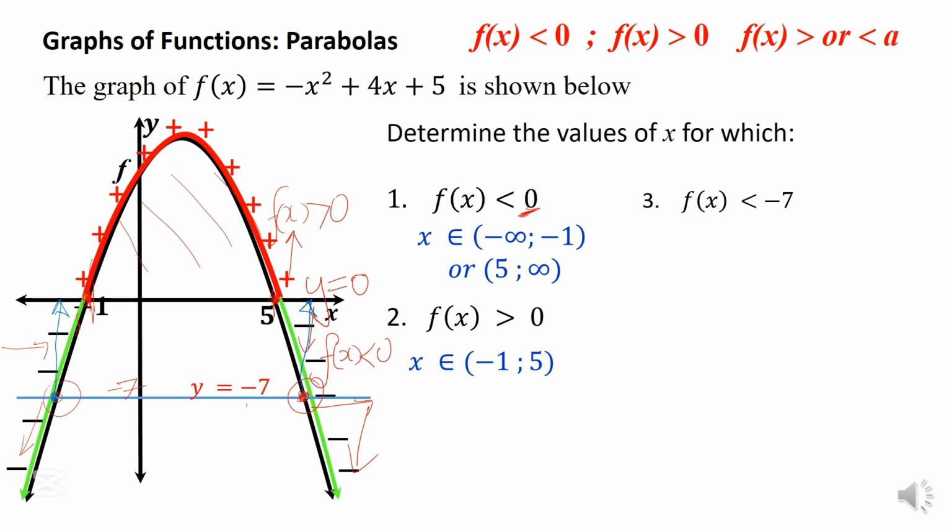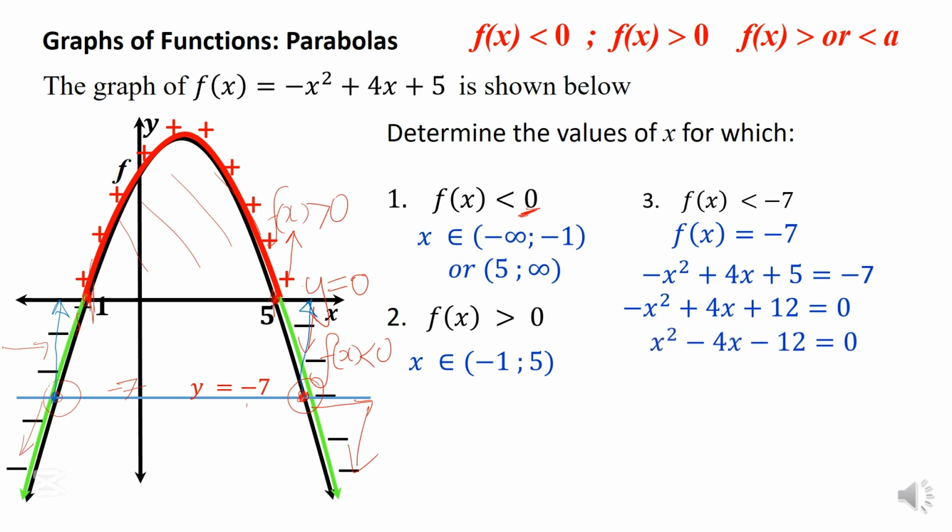And to find those numbers, you equate the equation to -7 and solve for x. Mine solved here is giving me x is equal to -2 and 6. So I'm going to have -2 at this point and 6 on the right hand side.